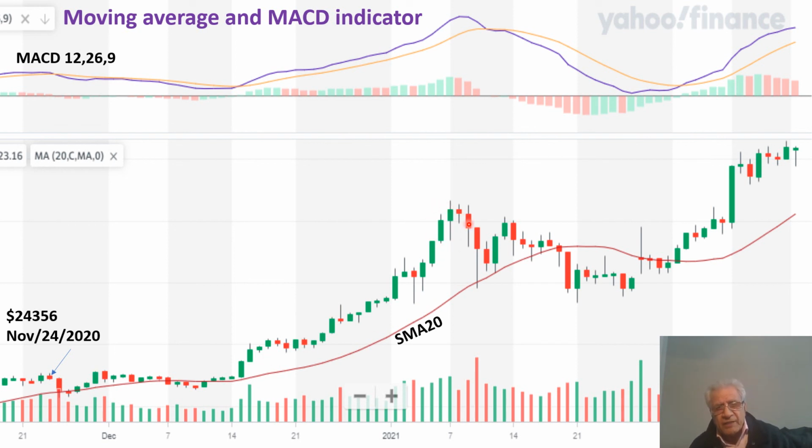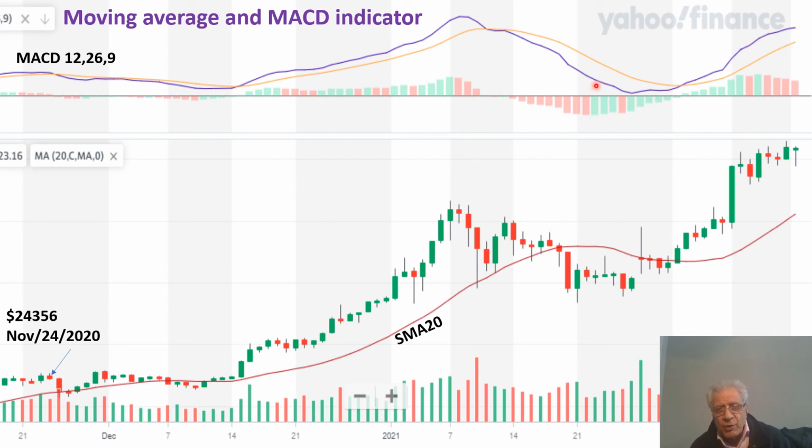And from here, the price is going downward, and you see that the MACD indicator shows downward. And here where we enter the market, you see the green histogram bar is shrinking on the negative side. That's a sign of uptrend.